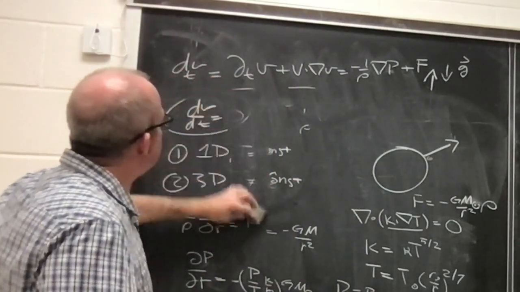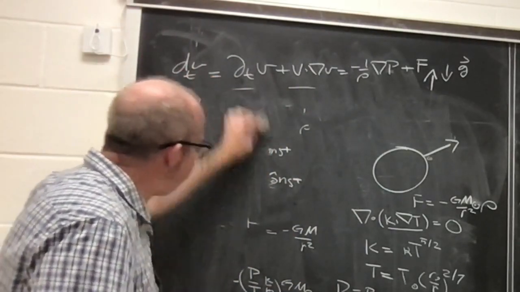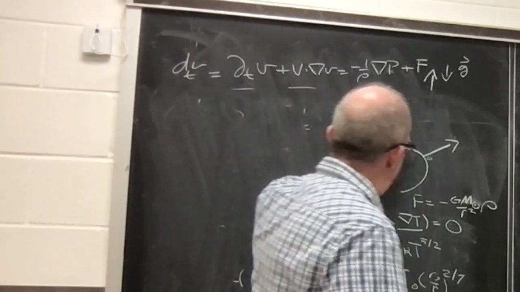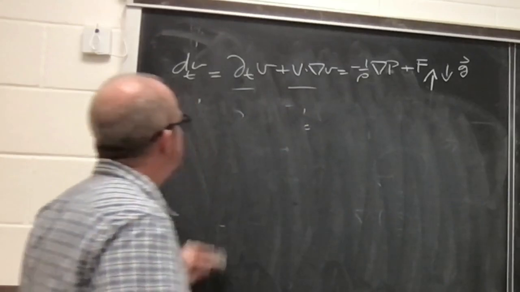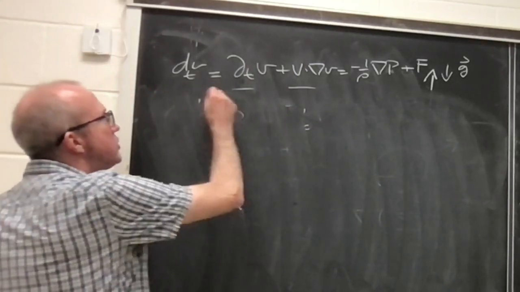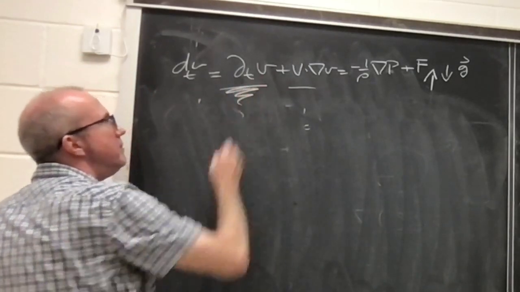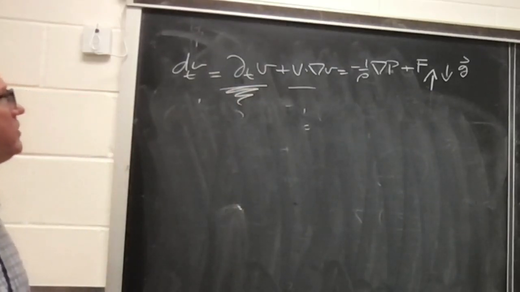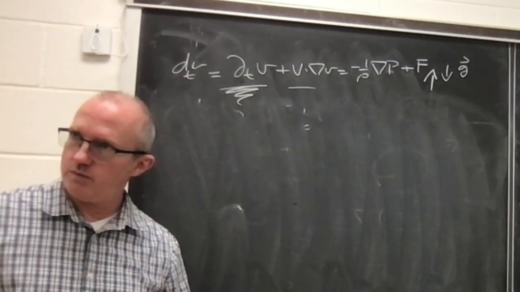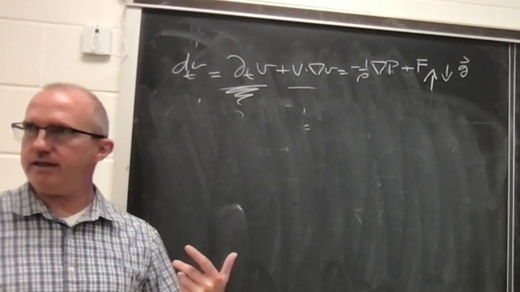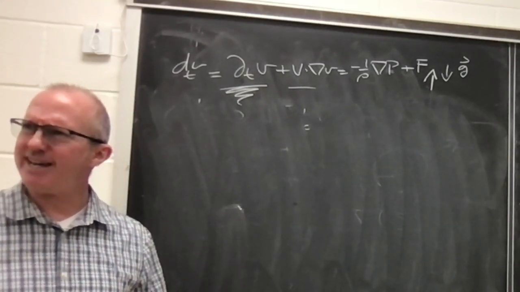Okay, let's start with this equation again. And now, we're not going to throw this term out, we're just going to throw out this term. So there is an acceleration of the flow, but it's fixed in space. What does that actually mean?